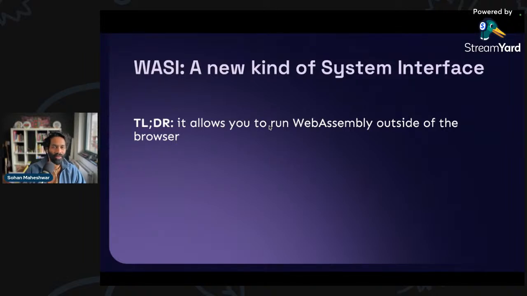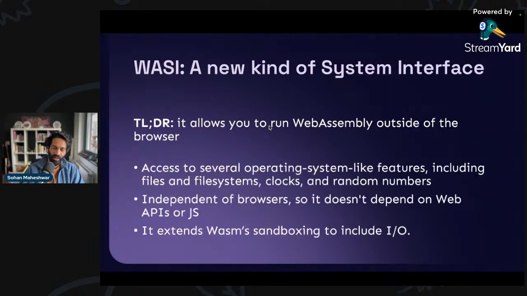All the things that make WebAssembly good for the browser can make it really great for server side. But for anything to run on a server, you need things like access to files, file systems, clocks, random number generators, sockets, and so on. So this needed an interface, which was WASI.